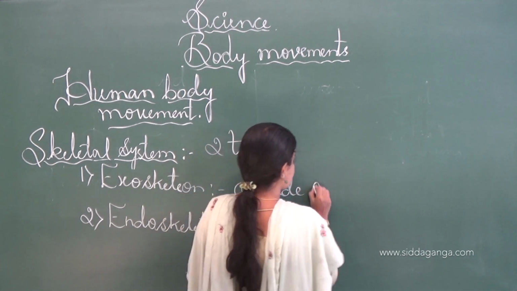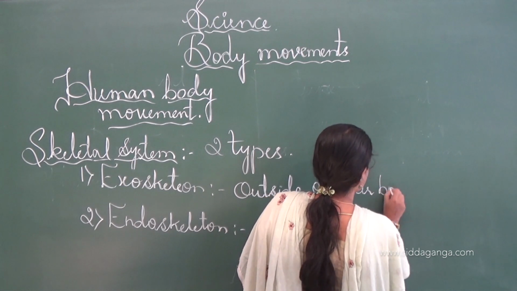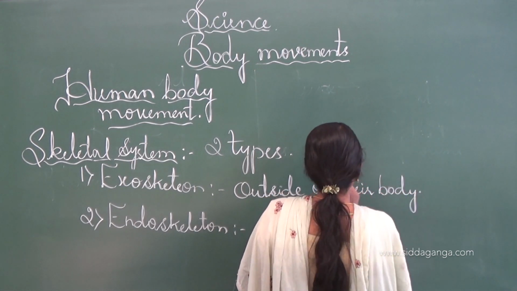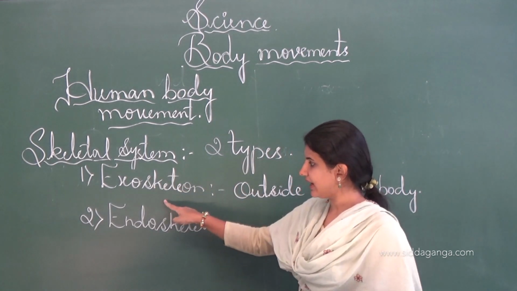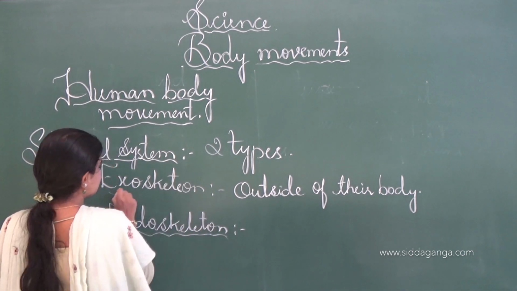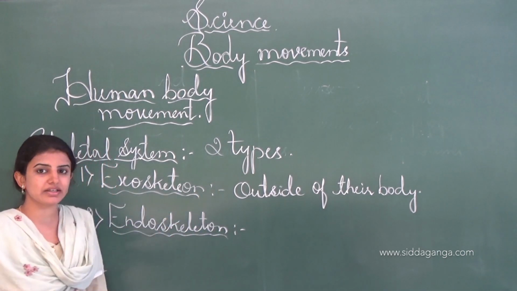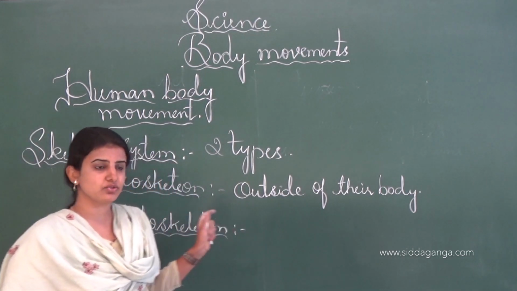Some living organisms having the skeletal system present on the outside of their body are called exoskeleton.